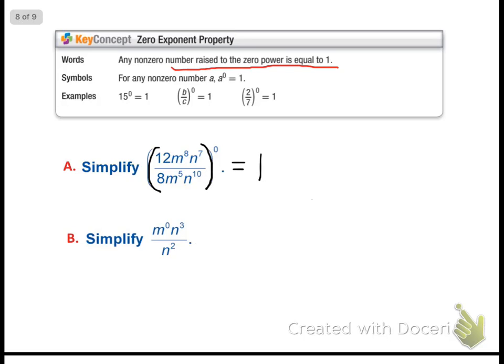Yes! Okay, let's do one that's not so simple. M to the 0 power, n to the 3rd, over n to the 2nd. So that m to the 0, that's going to disappear. It is equal to 1. And then n to the 3rd over n to the 2nd, remember I'm going to subtract those exponents, and that gives me n to the 1. So that's simply my final answer of n.